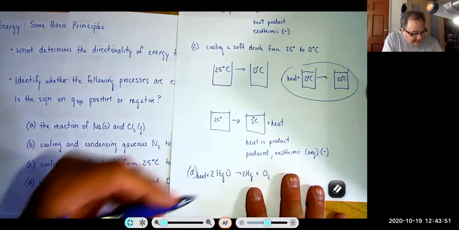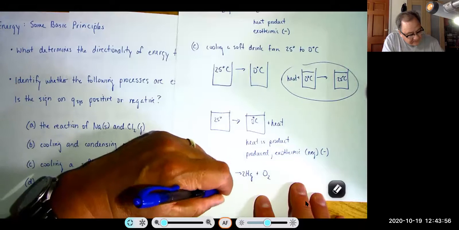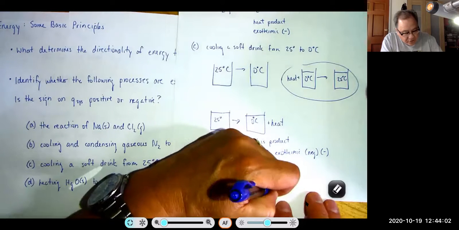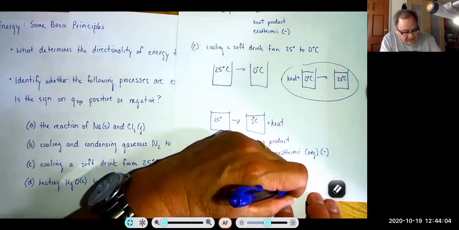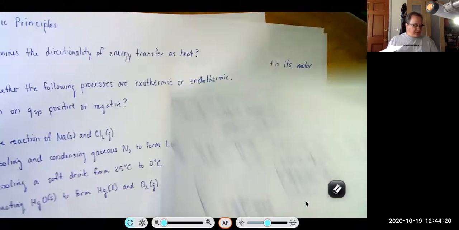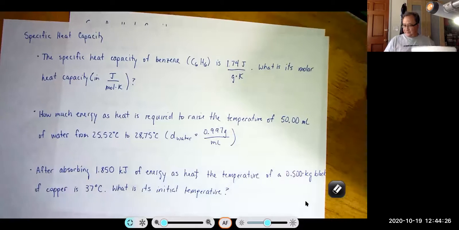So if heat is a reactant, that means that it's absorbed, which means endothermic, and that's a positive value. So whenever your heat is a reactant, it's positive, endothermic. Whenever your heat is a product, it's negative, it's exothermic. All right? So these are some tough things to think about, but you got to figure them out. All right, moving on.